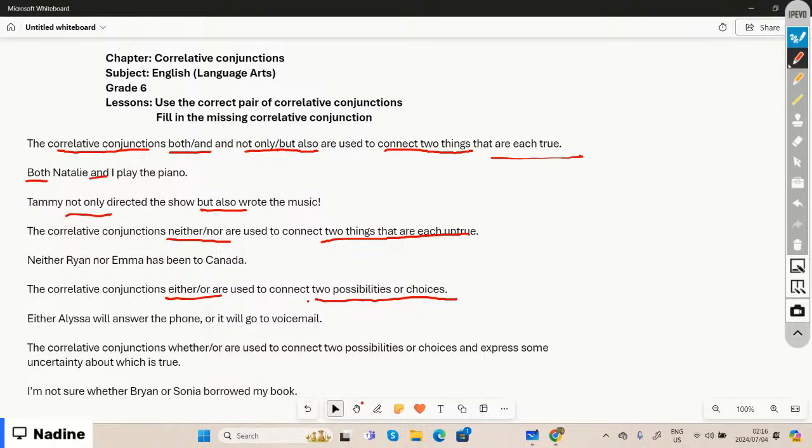But either or, as much as it sounds the same, is to connect two possibilities or choices. It's either this or it's that. For example, either Alyssa will answer the phone or it will go to voicemail.